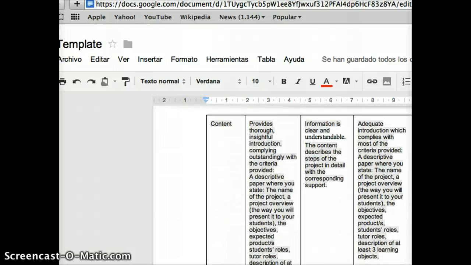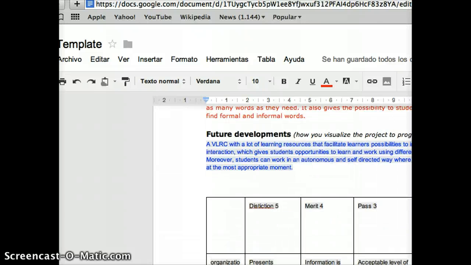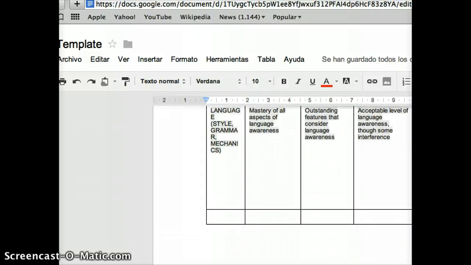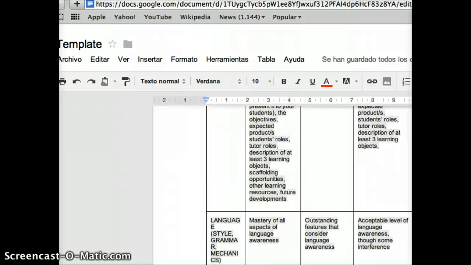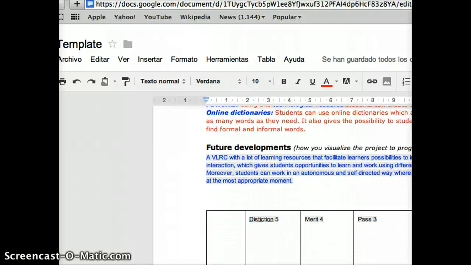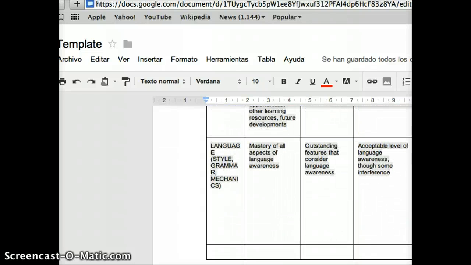Pass, 3: acceptable level of language awareness through sound inference. Not to standard, 2: there are mistakes in grammar and language which do not allow the reader to understand the work in an appropriate way. Well below requirements, 1: lack of control of language awareness impairs readers' understanding.